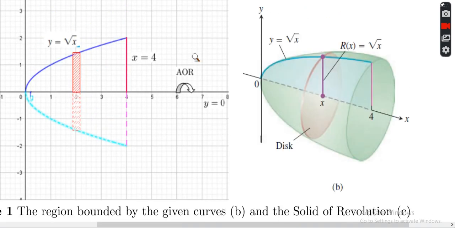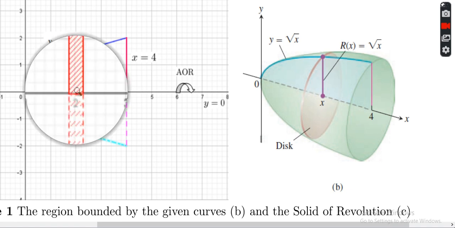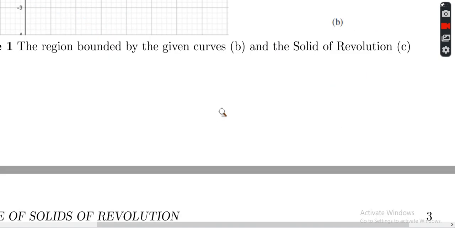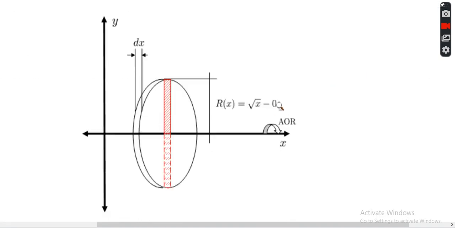Kung babalikan natin yung ating graph, yung upper function is the curve y equals the square root of x, at ang lower function natin is your axis of revolution, and the equation is y equals 0. Okay, that's why your r of x is equal to square root of x minus 0. So the thickness of your disk is dx.